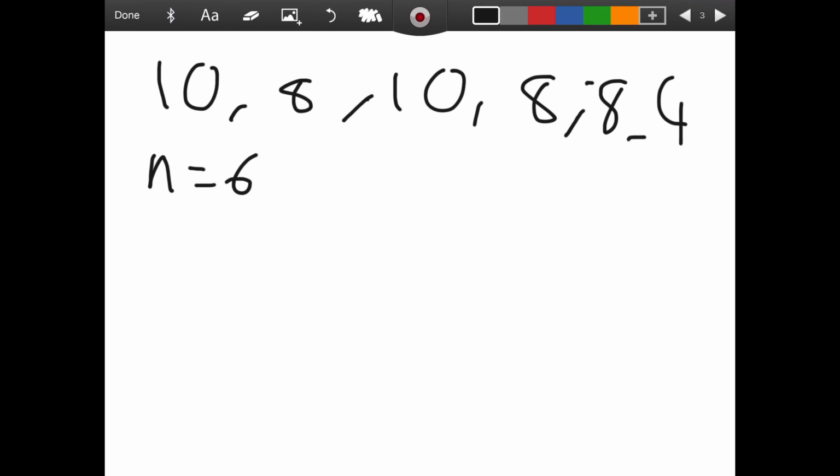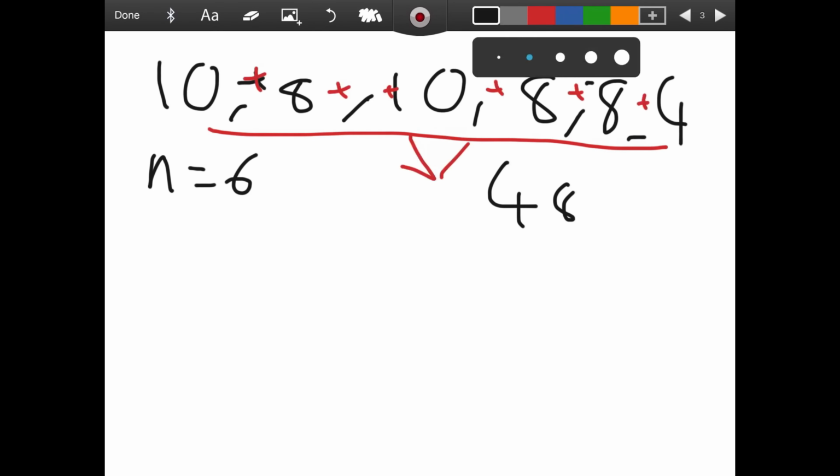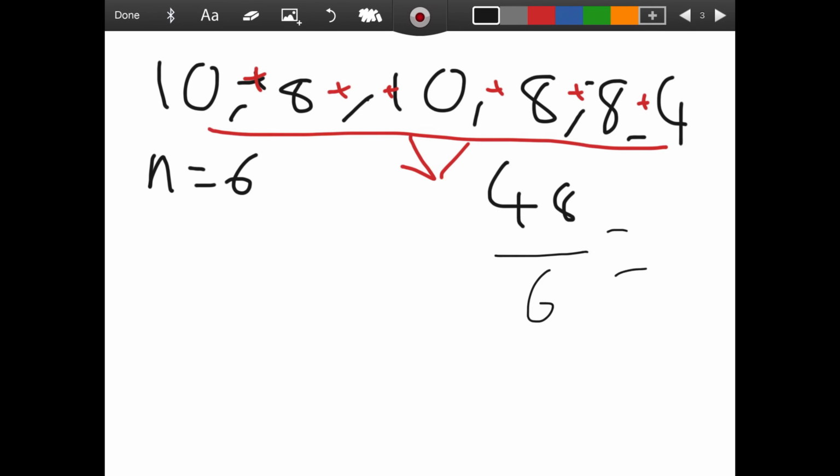To get the mean, we add all of these and divide by 6. All of this equals 48, and now we divide it by 6, which gives us the mean of 8.